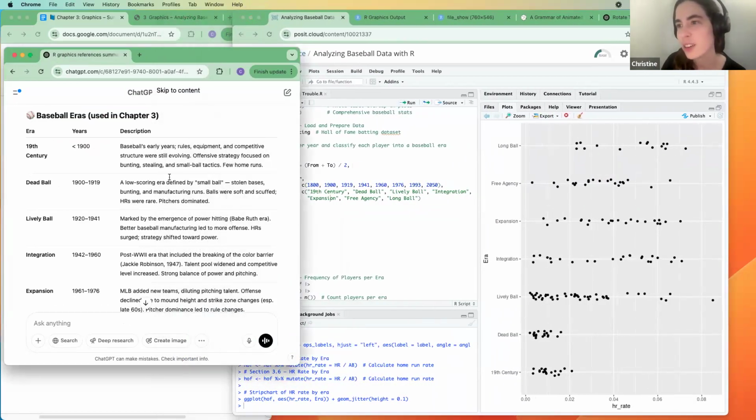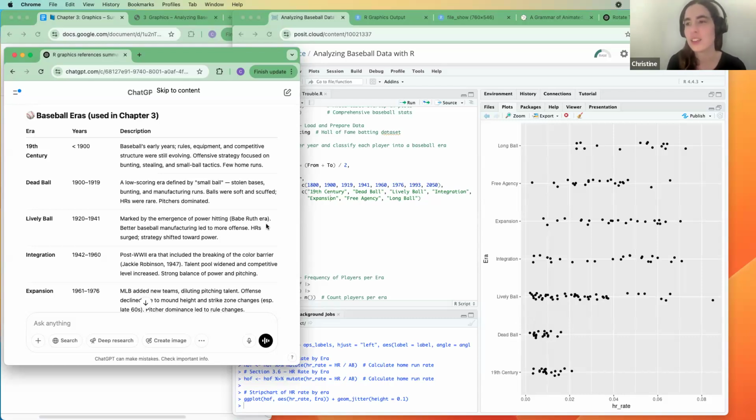It's interesting hearing what you shared. I wish there were years on this too, because it's cognitively hard to remember. And it's interesting to see this story too. The balls were different, home runs were rare, pitchers dominated. And then Babe Ruth came in with some power hitting.